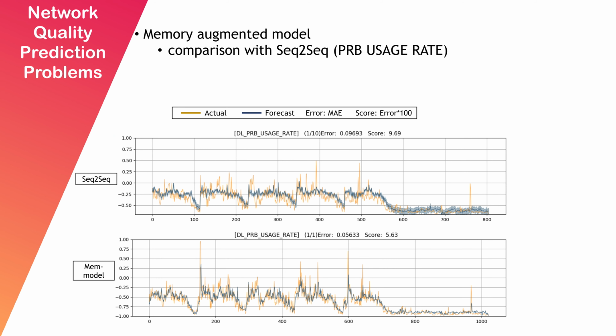As you can see in the picture, we had a better result than sequence-to-sequence, where our memory model's forecast pattern follows the actual signal pattern very well. We can share more detailed neural network architecture and experimental results in the Spark AI Summit.